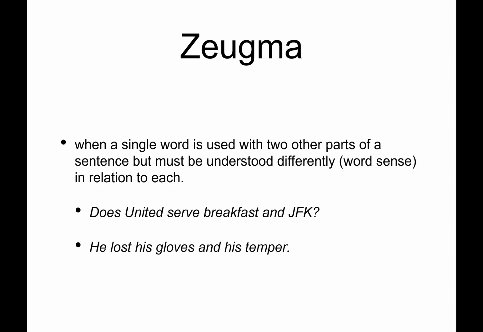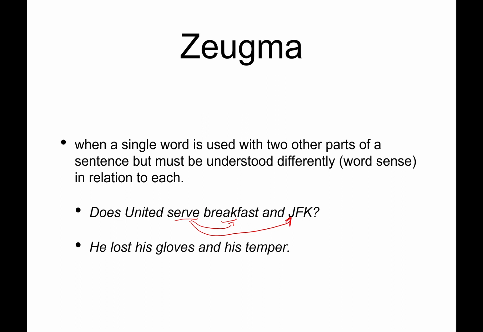Okay. There is also another important word, zeugma. It is when you have a single word that is related to two parts in the sentence, and it means a different thing for each one of these parts. So, for example, when you say, "Does United serve breakfast and JFK?" The meaning of serving a breakfast is very different from serving JFK.